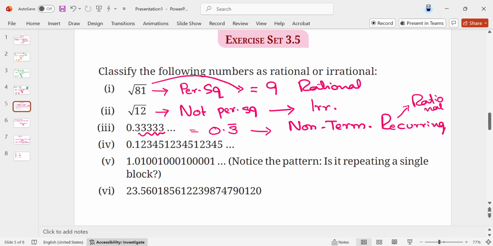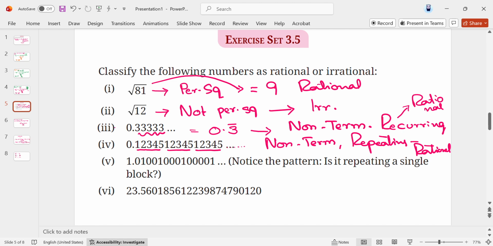Understood? Now let us see the next one, 0.12345, 12345, 12345. You can clearly see that since you have dots at the end, it is non-terminating, and a part of the decimal, 1 2 3 4 5, 1 2 3 4 5, 1 2 3 4 5, is repeating or recurring. Therefore it is a rational number.